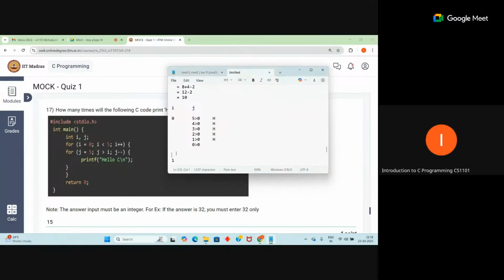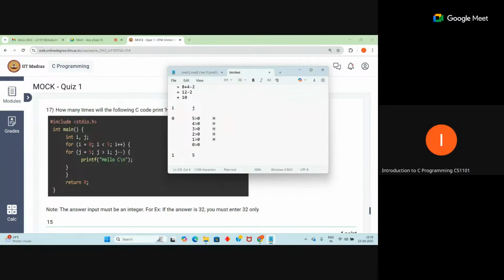Previously I value was 0. I plus plus means I will now become 1. When I is 1, again J will start from 5.